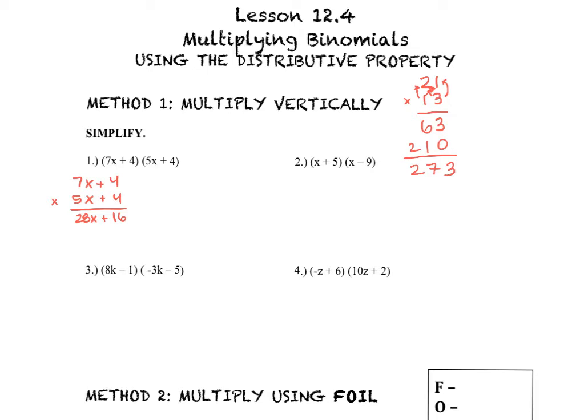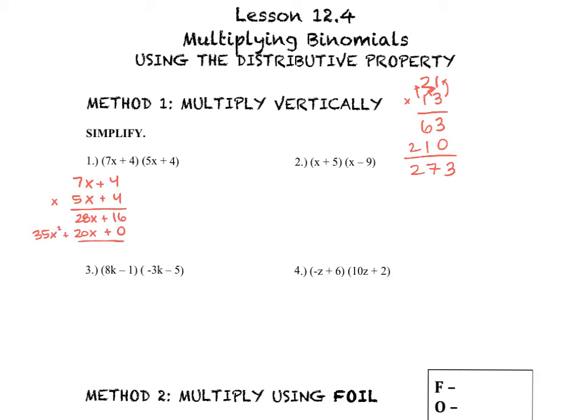All right, now when I move over to the next spot, I need to put a 0 underneath there. And so now 5x times 4 is 20x, and notice by adding that 0 there, it starts lining up the like terms for you. And then 5x times 7x is 35x squared.